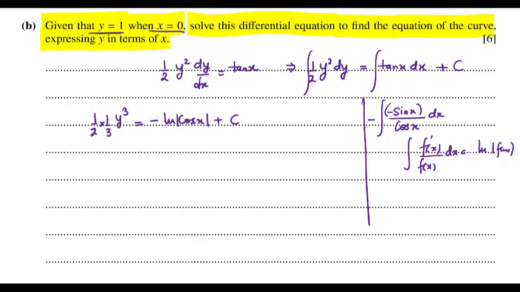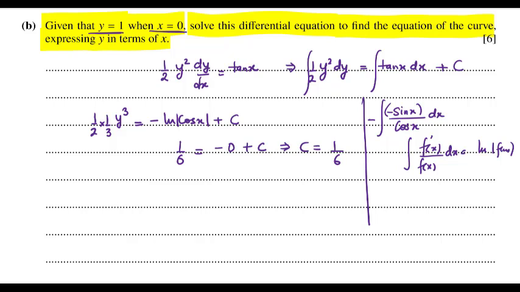We have y equals 1 when x was 0, so left hand side becomes only 1 by 6, and on the right hand side cos 0 is 1, and ln 1 is 0, so ultimately we get minus 0 here plus c, or we can say c value is 1 by 6.